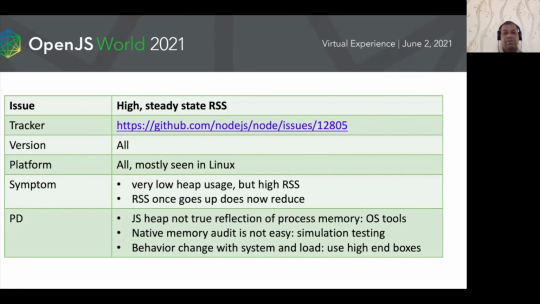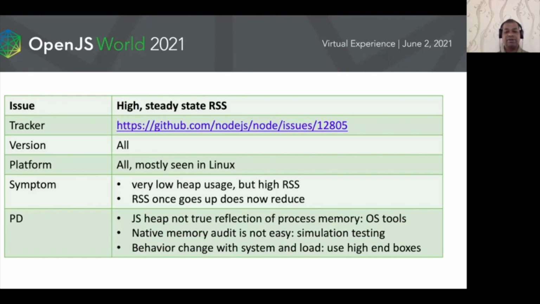Now, coming to the problem determination, as we know, the JavaScript heap is not a true reflection. So we make use of the operating system tools to see what's the actual memory consumption of the process. The Linux tools such as top, pmap, etc. help here. And then we look at the consumption, and it's correct.